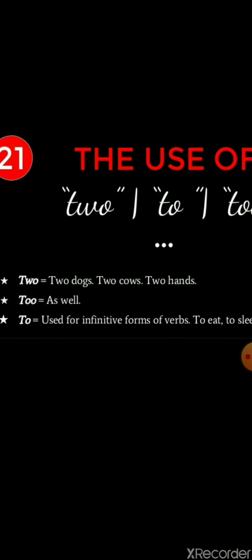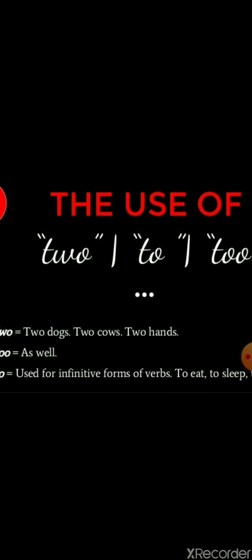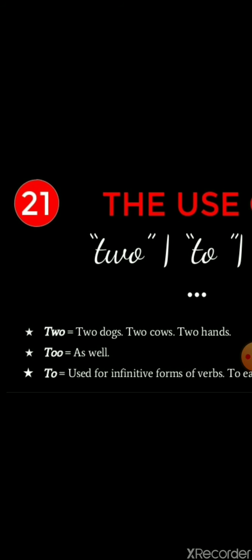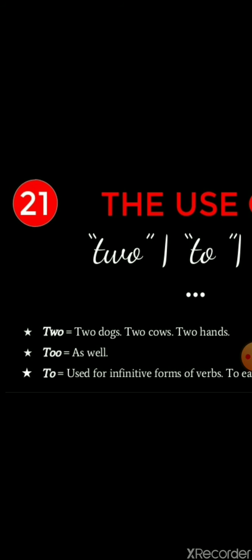TO is used for infinitive forms of verbs: to eat, to sleep. I told you what infinitive forms of verbs are, when we add TO with the verb's first form. So all three versions of two have different contexts, and we need to use them in their own context-based structure only. If they are not used that way, then there is an error.